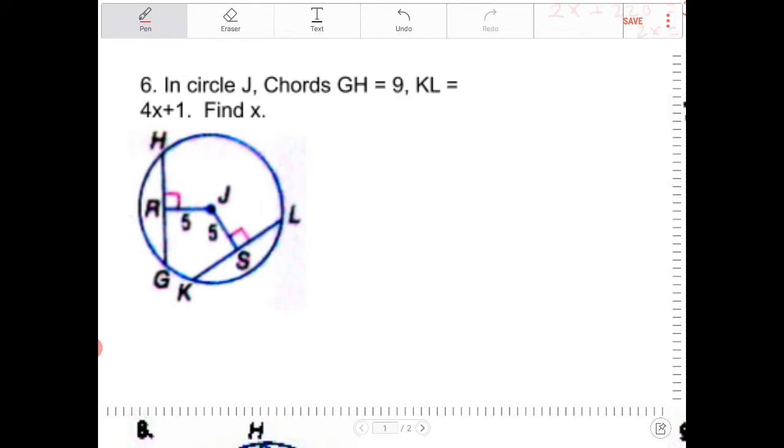Thereby, the two chords are going to be congruent. So if GH measures 9, and KL measures 4x plus 1, therefore 4x plus 1 will equal 9. Subtract 1, divide by 4, I end up with x is equal to 2.